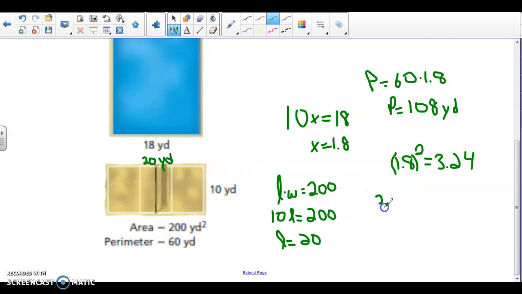So if I do 3.24 times 200, I get 648 yards squared.